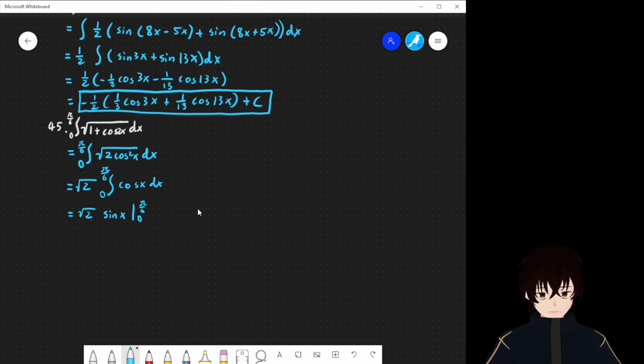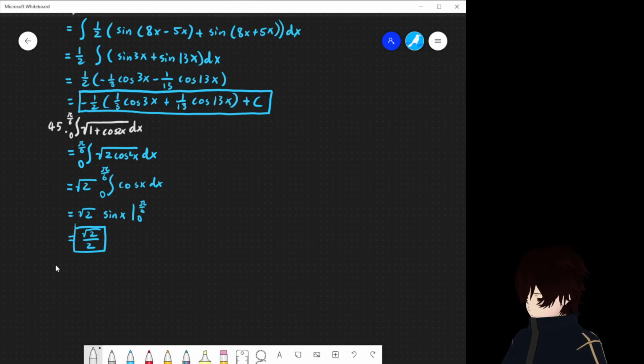Pi over 6 is, oh god, 30 degrees. So that's 1/2. Times square root 2 over 2. 45 is 1/2 square root 2. That is correct. Another easy problem for us.